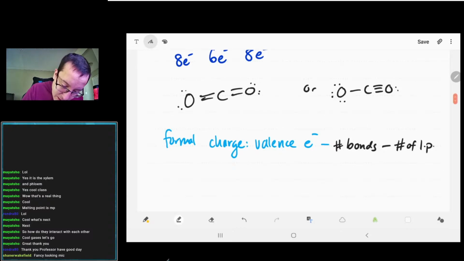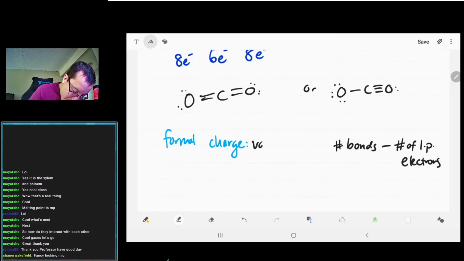Let me just write that a little bit bigger. So I guess I should write this in black also. So it's your valence electrons, the number of valence electrons you have, minus the number of bonds you have, minus the number of lone pair electrons you have.